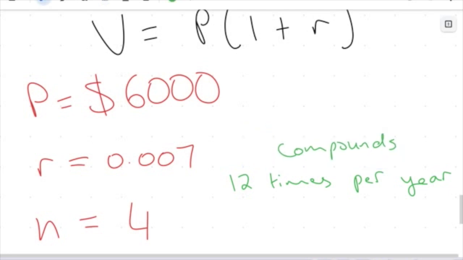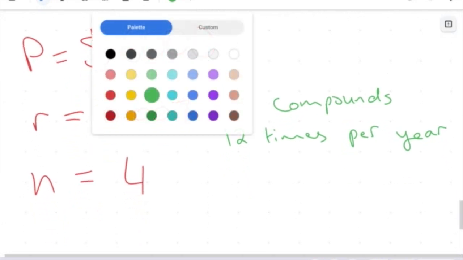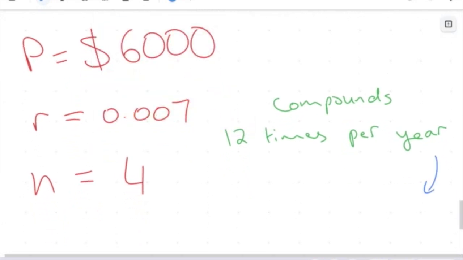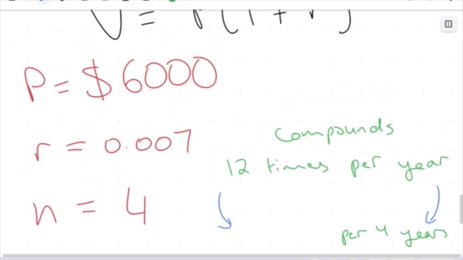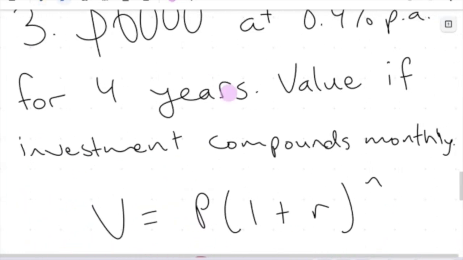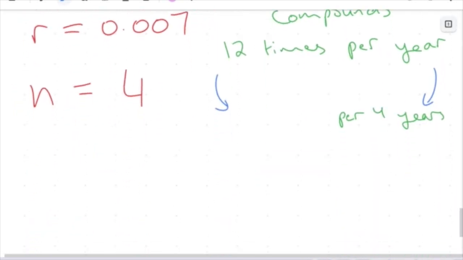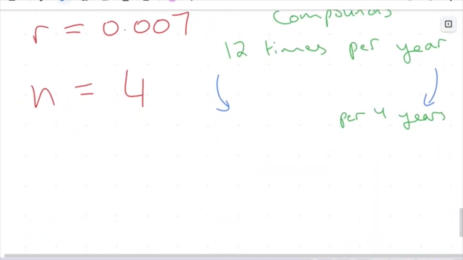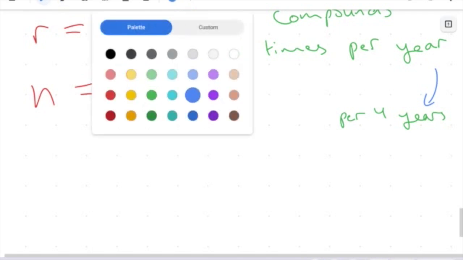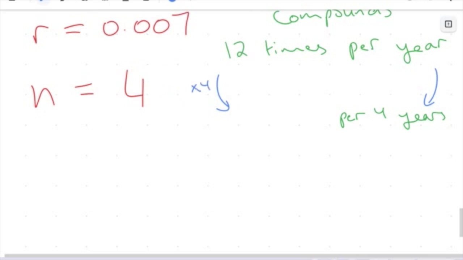So if we wanted to find how much it compounded every 4 years, we can approach this rate in the same way. So per 4 years, because that's what's being asked in the question. Something's been given for 4 years. So I can find how many times this has compounded for the 4 years that I need it to. And I can do that by multiplying by 4, here and here.